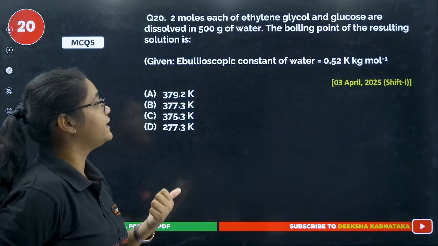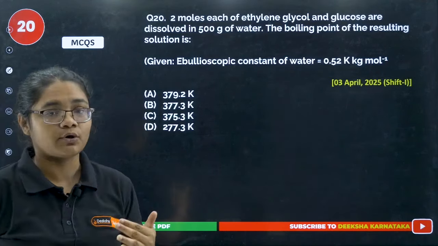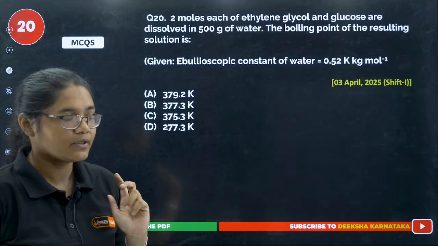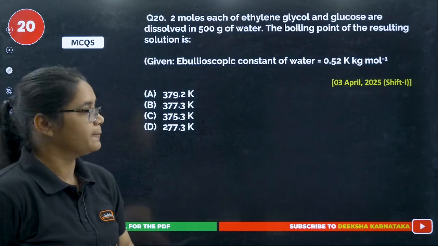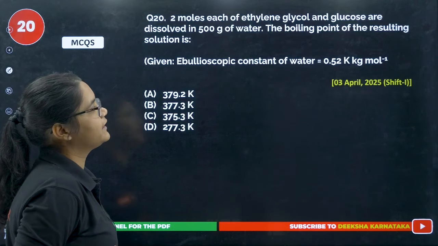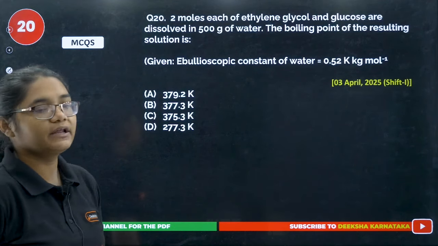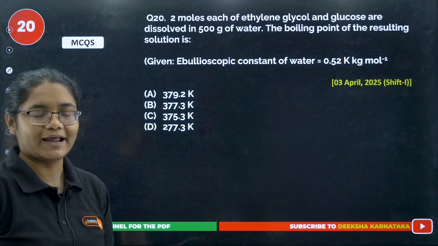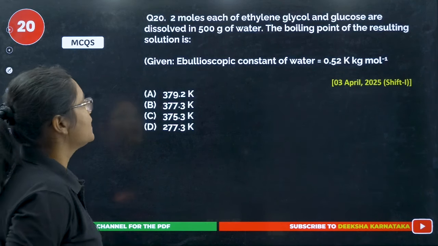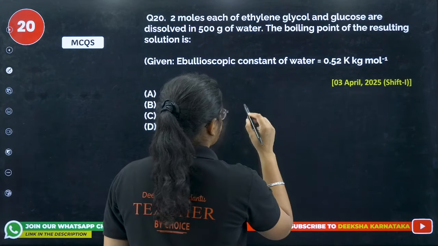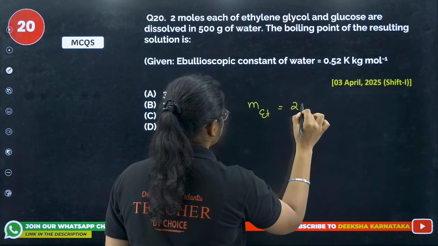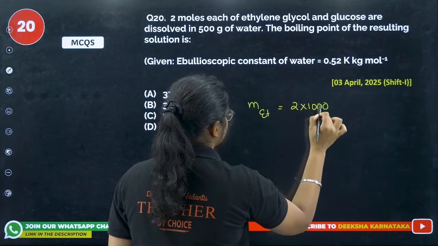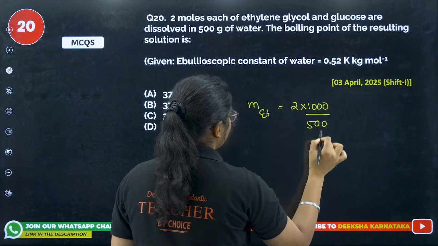2 moles of ethylene glycol and glucose are dissolved in 500 gram of water. The boiling point of the resulting solution is? So you have 2 moles of ethylene glycol and glucose dissolved in 500 gram of water. So let's calculate the molality first. The molality of ethylene glycol is number of moles, 2 moles, divided by mass of the solvent, times 1000.